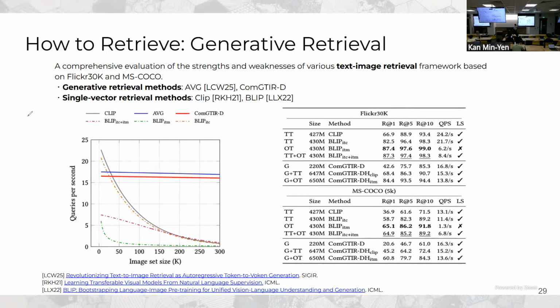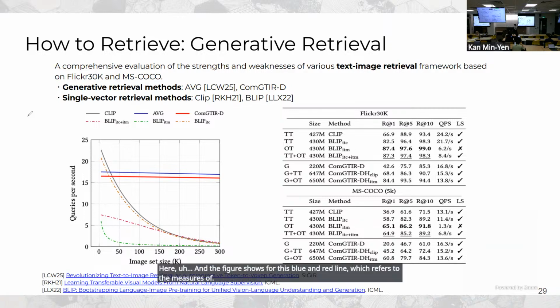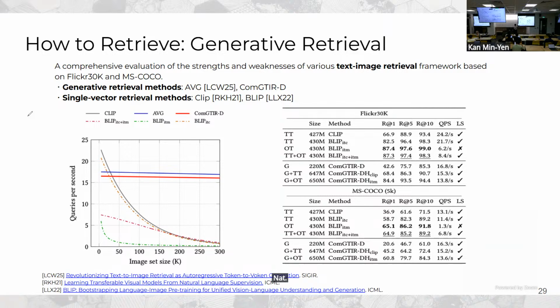Here, we also list some current experiment results to indicate the differences between the traditional retrieval method and the generative retrieval method. As the figure shows, the blue and red lines refer to the methods called AVG, from a 2025 paper, and another method we are currently exploring.